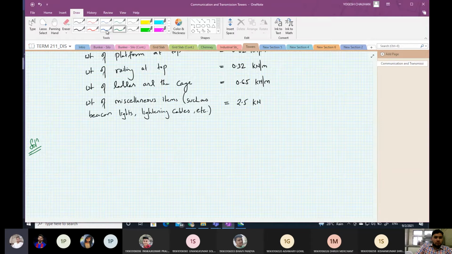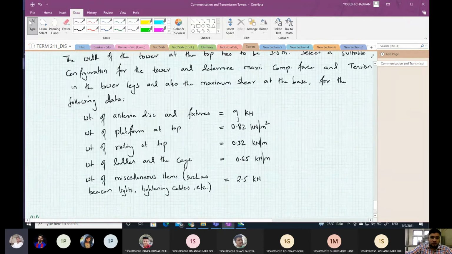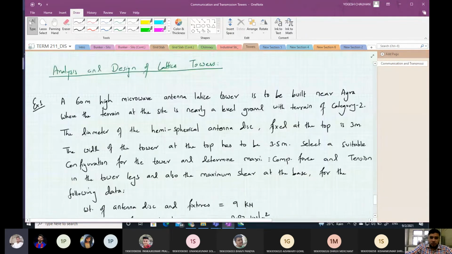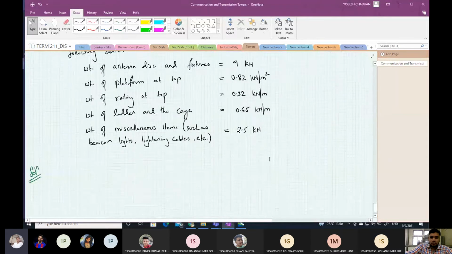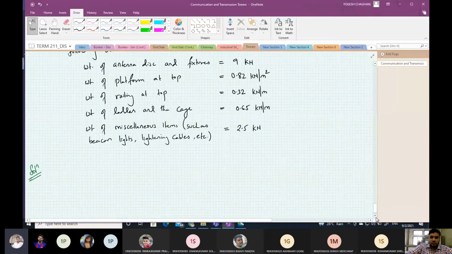So the first step would be to select the suitable tower configuration. Since we have been given only the top weight, the rest of the things we have to assume, or select a configuration.